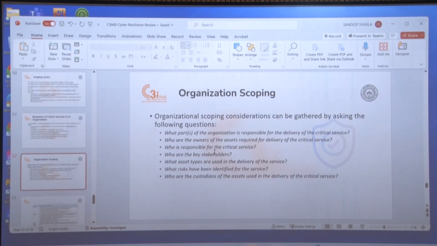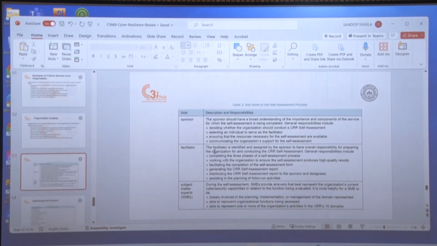Then what are the key roles? There would usually be a sponsor who would have a broad understanding and importance and components of the service for which the self-assessment is being done. Usually it is the owner of that particular service.